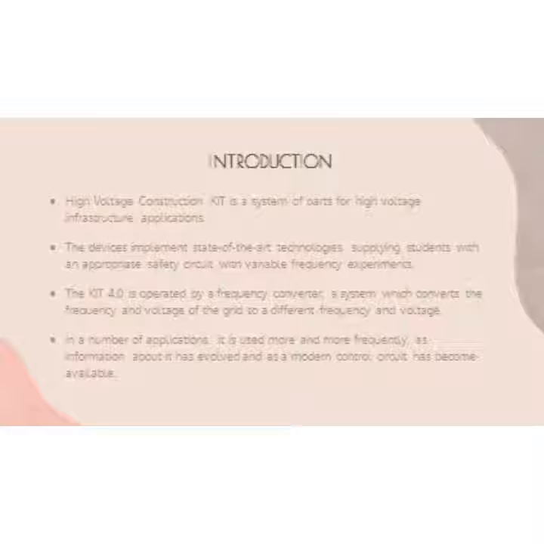Then, the kit 4.0 is operated by a frequency converter, a system which converts the frequency and voltage of the grid to a different frequency and voltage. Lastly, in a number of applications it is used more and more frequently as information about it has evolved and as a modern control circuit has become available.